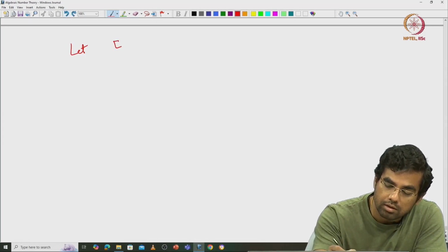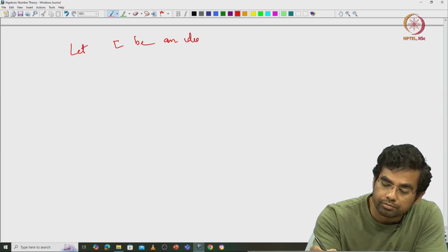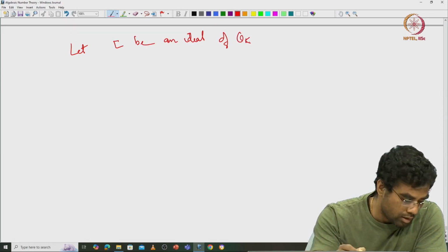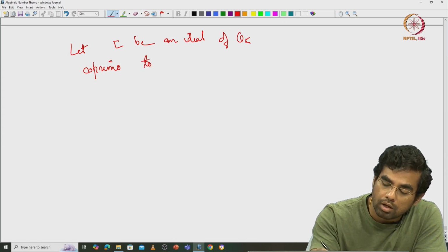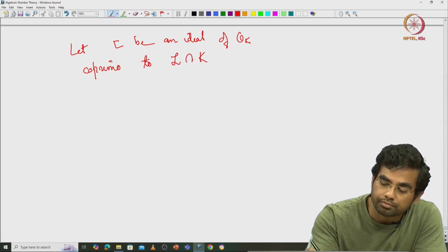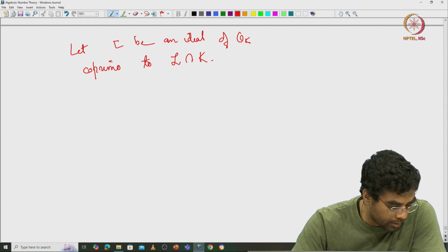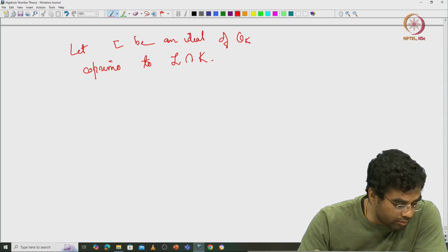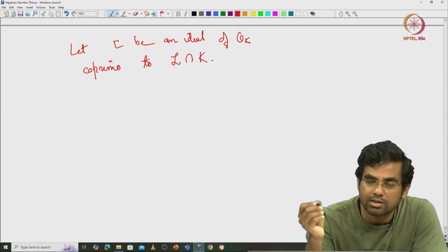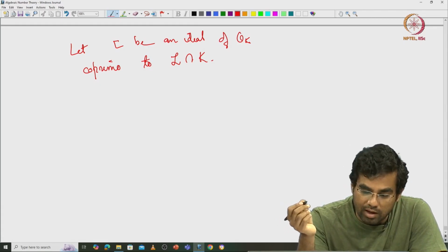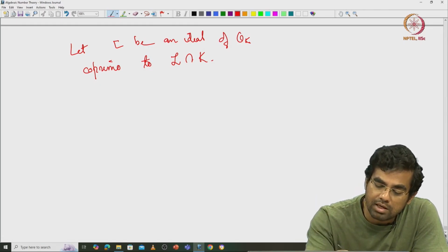Let C be an ideal of OK co-prime to L intersected with K. L intersected K is some ideal, and we can always take C like this.